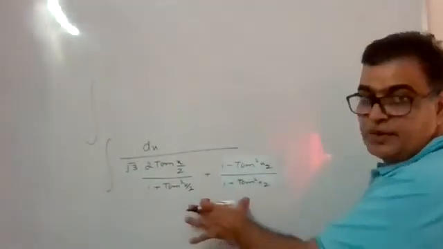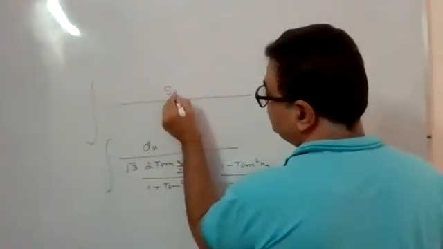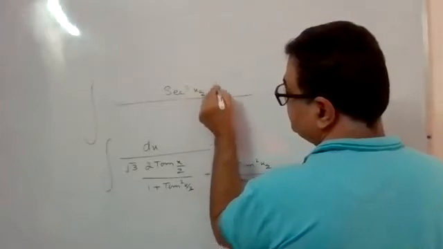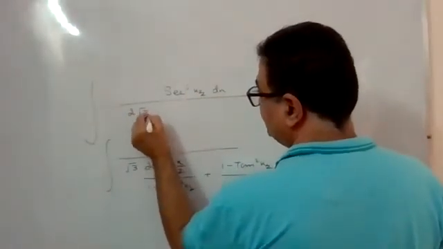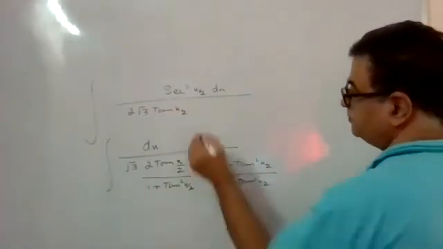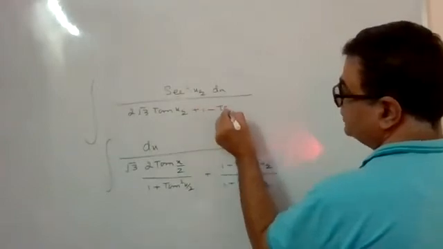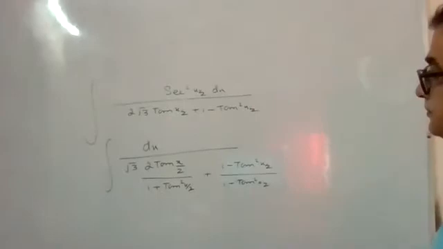Then 1 plus tan square x by 2 will go in the numerator. It will become sec square x by 2. And this will be 2 under root 3 tan x by 2 plus 1 minus tan square x by 2.